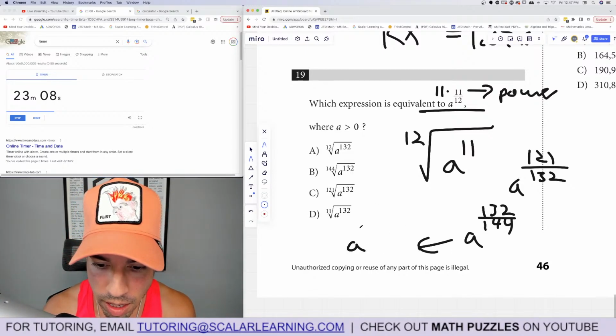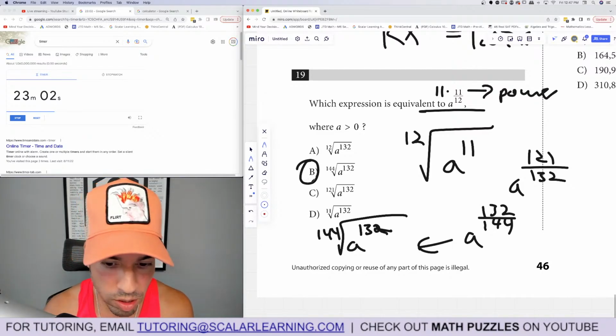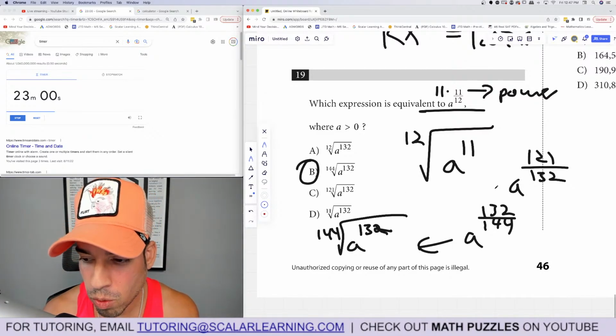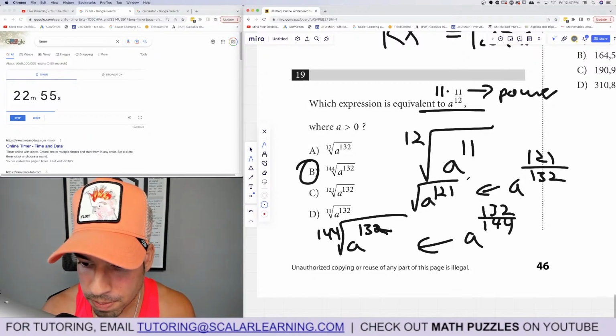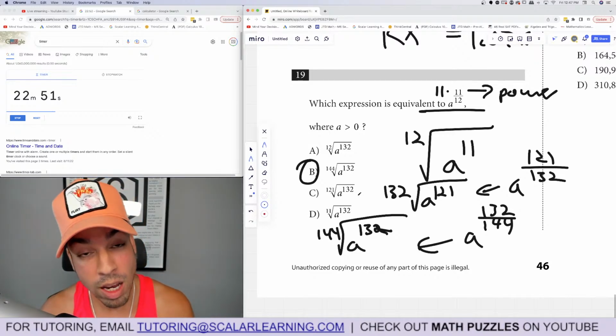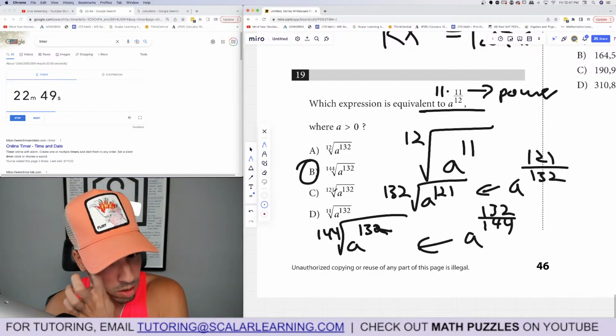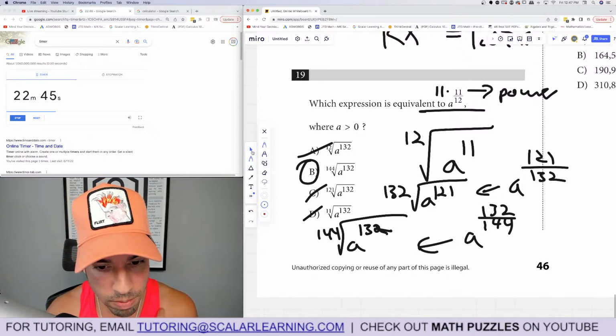So it's a to the 132 and the 144th power. So that's B. So that's obviously right. But just see this one here. It would be a to the 121 and the radical 132. You see it's flipped. So I knew those numbers could work, but I figured one of them was flipped, and C is out. These two are totally off. B is the winner.